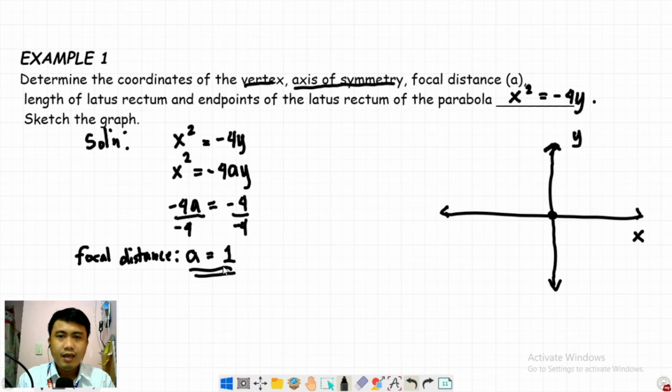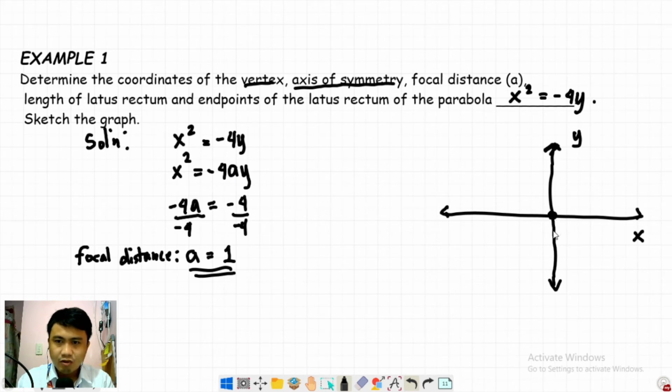And alam din natin that if ganito yung equation po natin, this opens downward, di ba? Kasi negative po yung nakalagay dyan. Opens downward. Okay, so ang ating focal distance ay 1 unit. And ang ating opening ay downward. So, start tayo dito. Vertex.